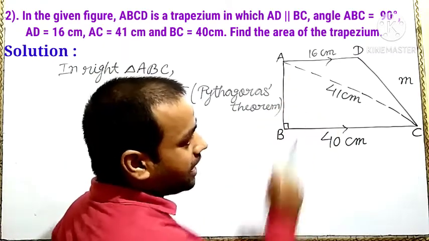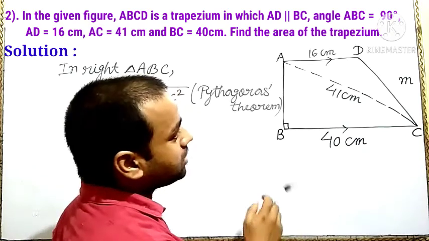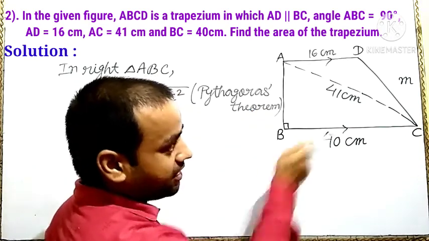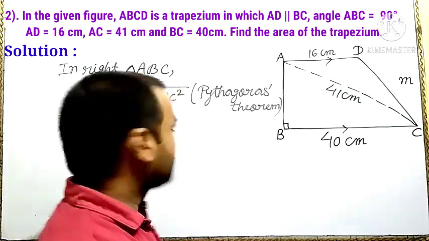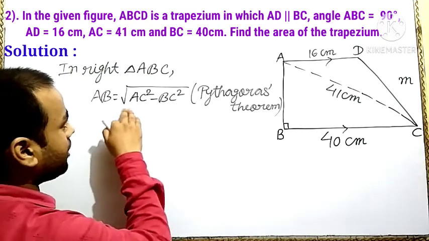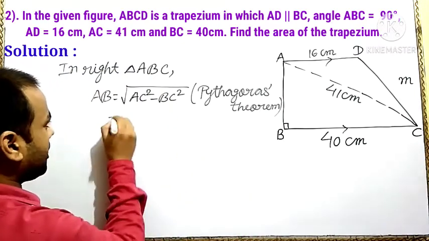The square of the hypotenuse is equal to the sum of the square of its legs. Is it clear? So right here AB is equal to square root AC square minus BC square.